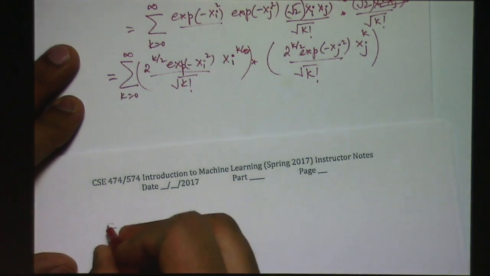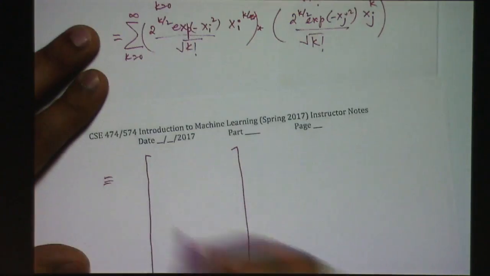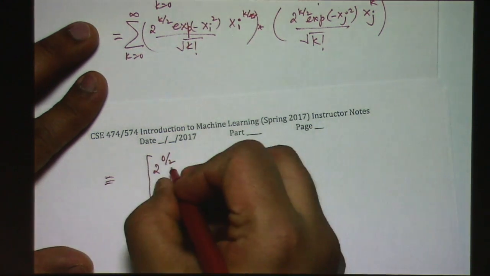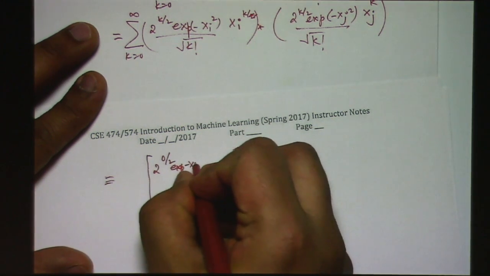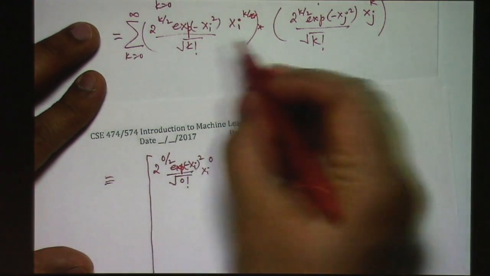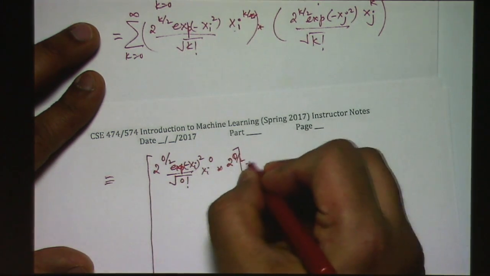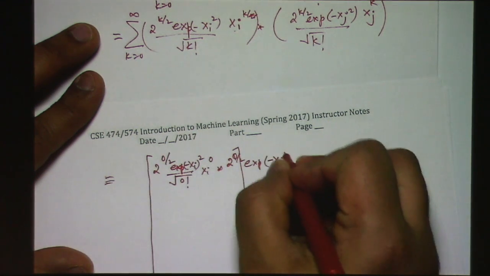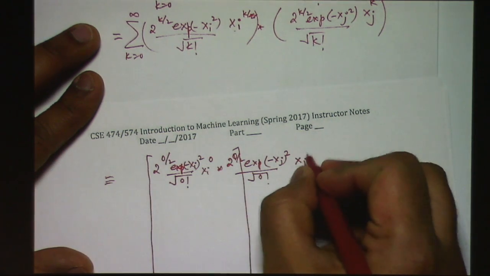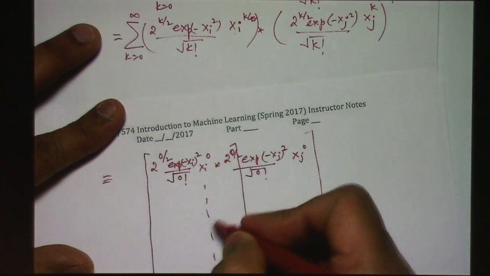It's almost like if you had a long vector with infinite rows, and in each row you had 2 to the power 0 by 2 exp minus xi square, 0 factorial, xi to the power 0, times 2 to the power 0 by 2 exp minus xj square, factorial, xj to the power 0, and so on. There will be a term with 1 here, a term with 2 here, until infinity.